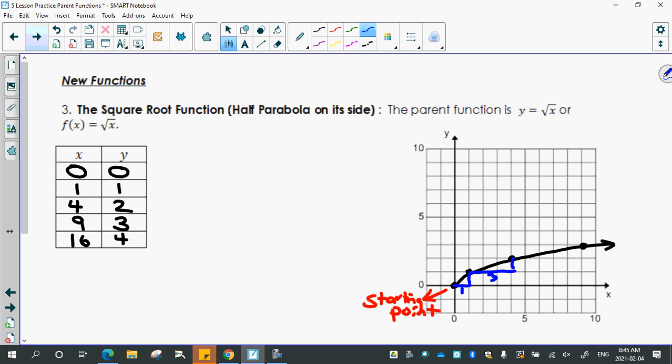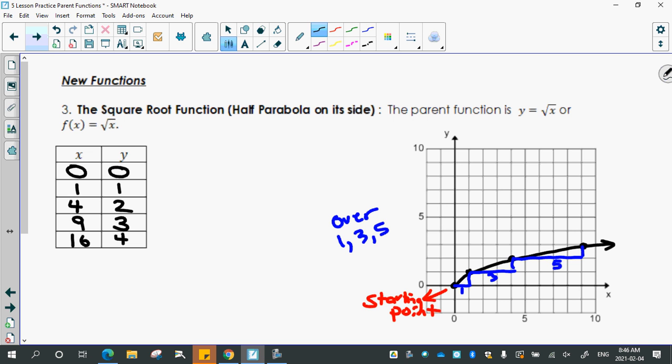Okay, so my overs are 1, 3, and 5. Then I go over 5, up 1. And if I had room, I'd go over 7, up 1. Okay, so it's over 1, 3, 5, and up 1. So it is really a half parabola on its side.